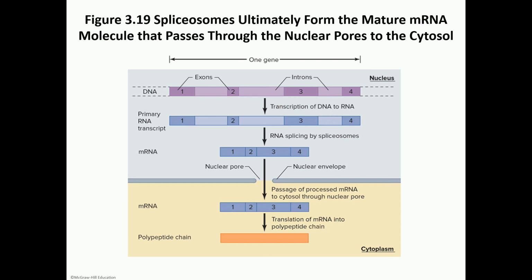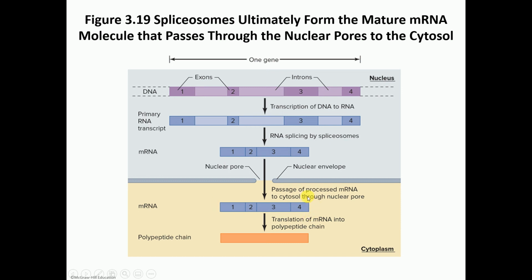And then we have these little spliceosomes that are going to splice up the RNA and get rid of these unwanted introns. It'll stick the exons back together, and now we have made our messenger RNA. The messenger RNA exits through the nuclear pore and will go to a ribosome.